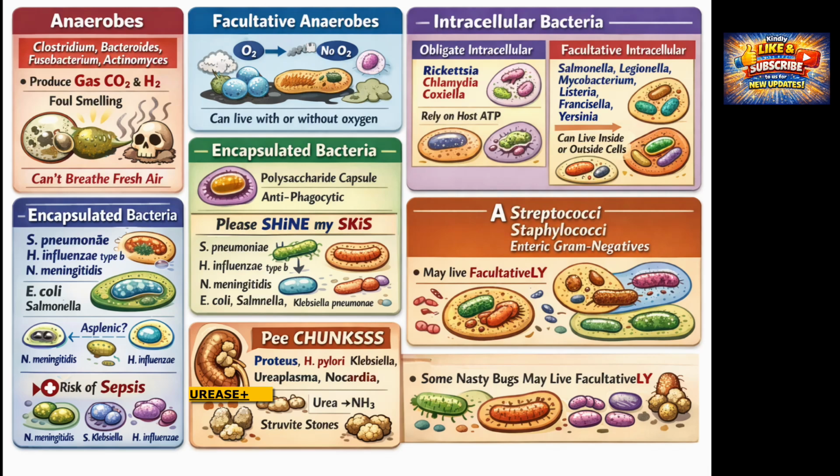This adaptability explains why facultative anaerobes are among the most common human pathogens, capable of thriving in diverse tissues. High-yield examples include Streptococci, Staphylococci, and enteric gram-negative rods. Examiners frequently test this concept by describing infections occurring in both oxygen-rich environments, such as the bloodstream, and low-oxygen environments, such as abscesses, emphasizing why these organisms are so clinically versatile and prevalent.